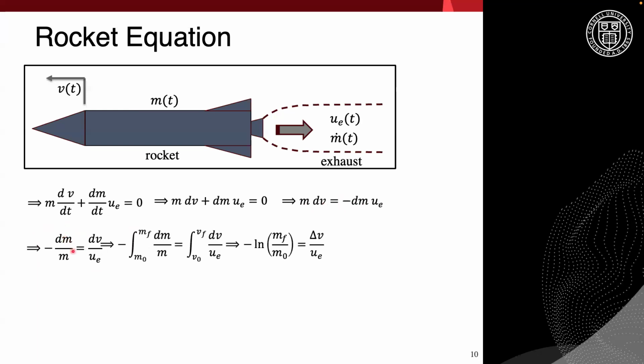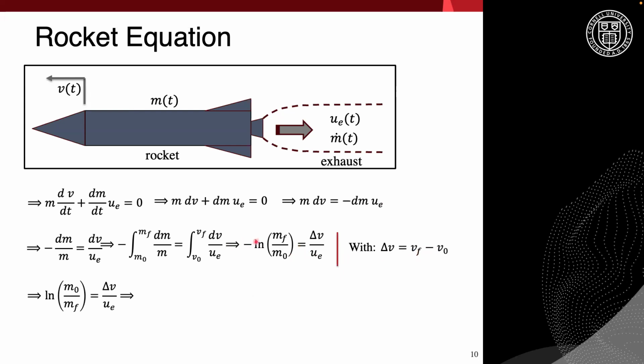And then we can integrate both sides. So we integrate dm over m between m0 and mf. And we integrate dv over ue between v0 and vf. So we get minus ln of mf over m0 is equal to delta v over ue, with delta v equal to vf minus v0.